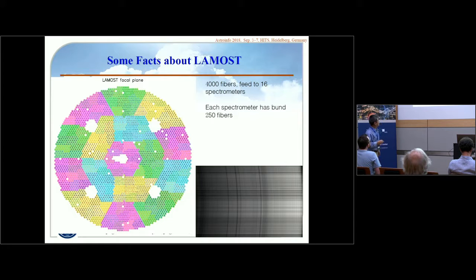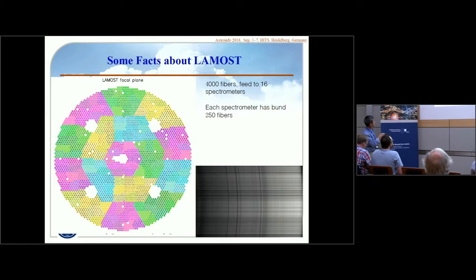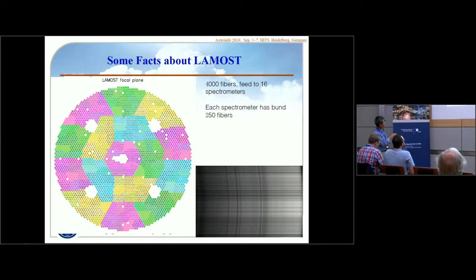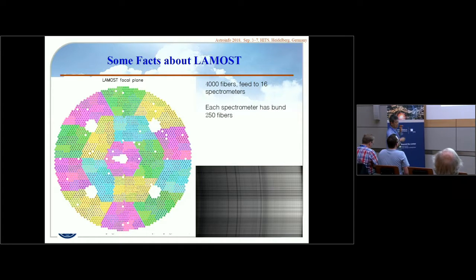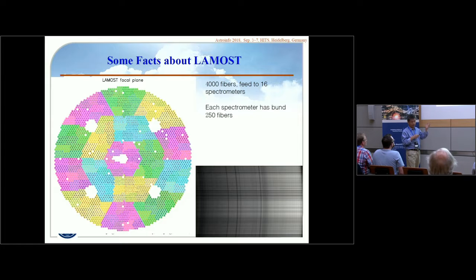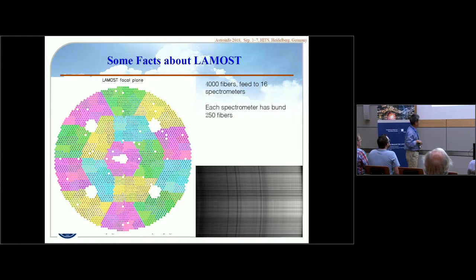This is the LAMOST focal plane. Altogether, 4,000 fibers are divided into 16 regions, and each region has 250 fibers.